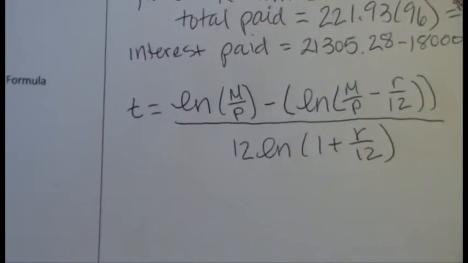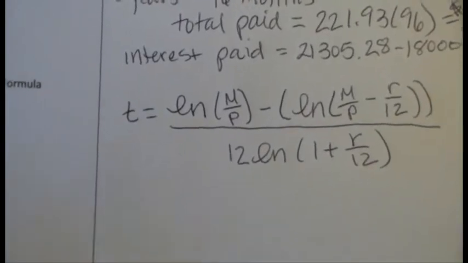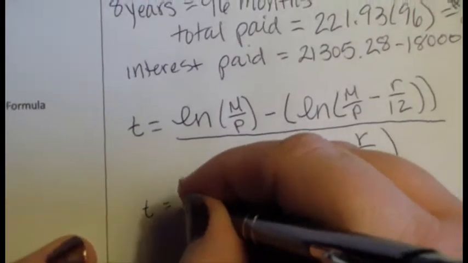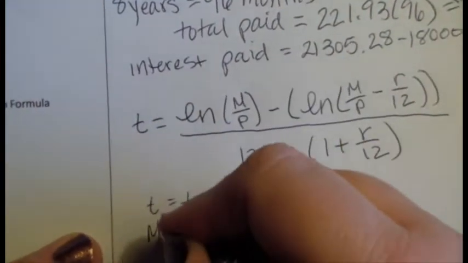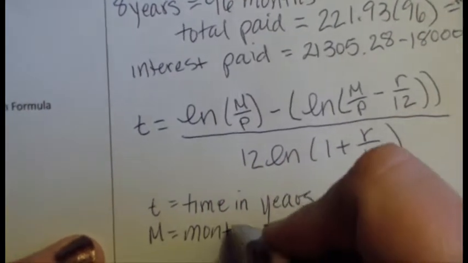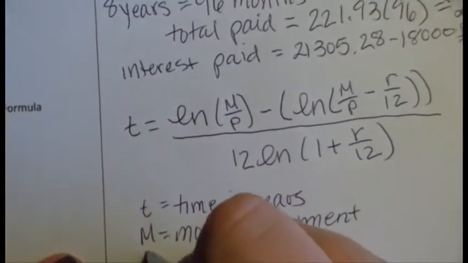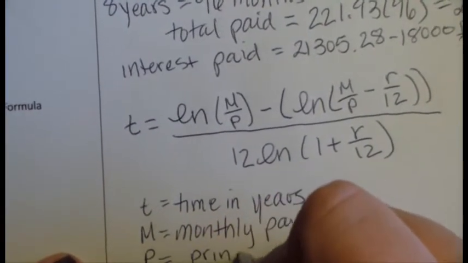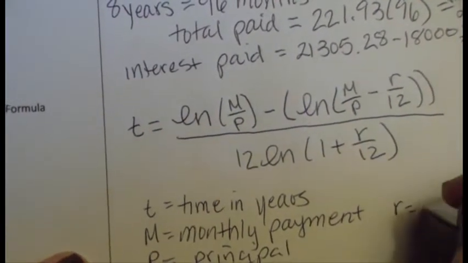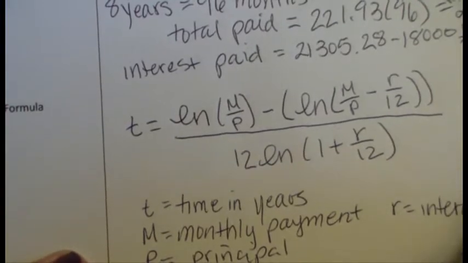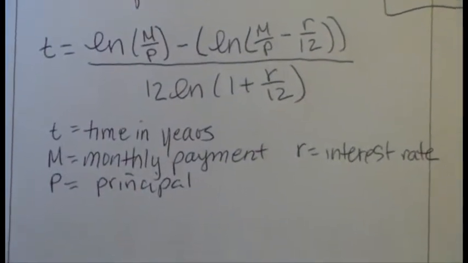All right, so that's the formula we're going to use to figure out the length of a loan. Okay, so remember, T is time in years. M is monthly payment. P is principal. And R, interest rate. All right, so there's your formula.